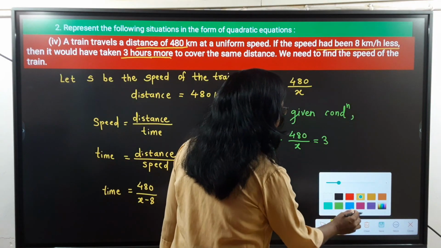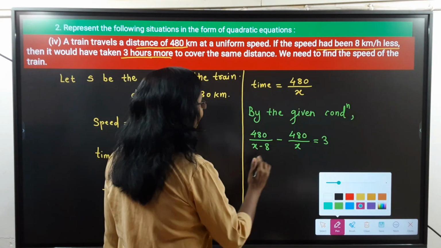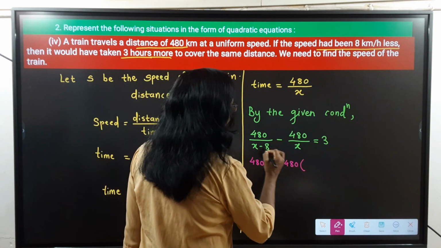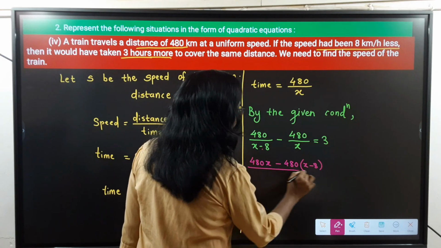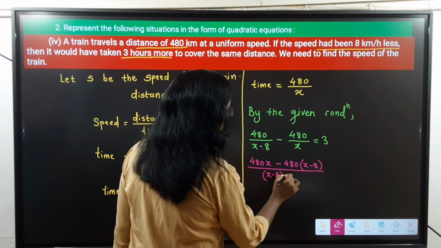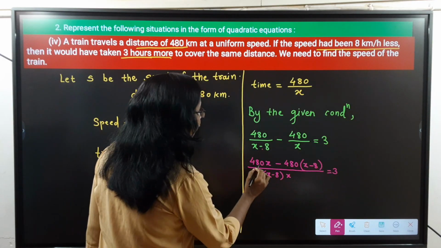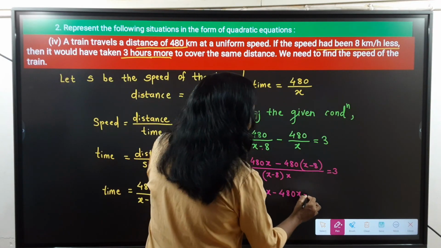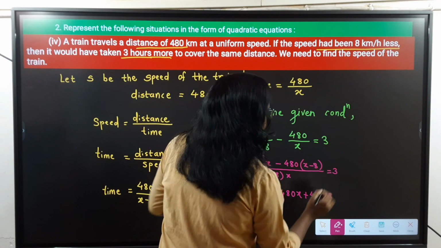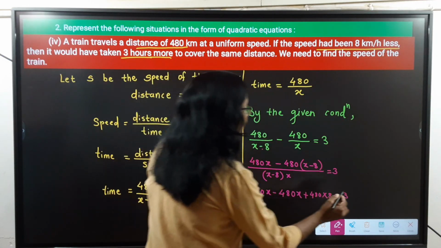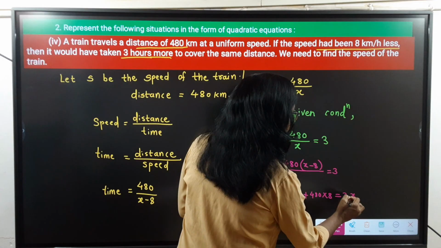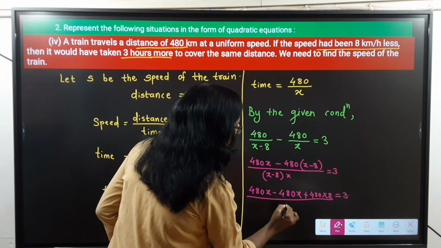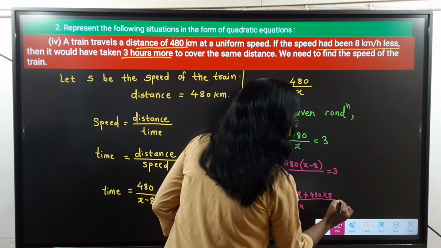So first I cross multiply this. 480x minus 480 multiplied by x minus 8, divided by x minus 8 multiplied by x, is equal to 3. Then 480x minus 480x plus 480 multiplied by 8 is equal to 3 multiplied by x, and below in the denominator I write x square minus 8x is equal to 3.